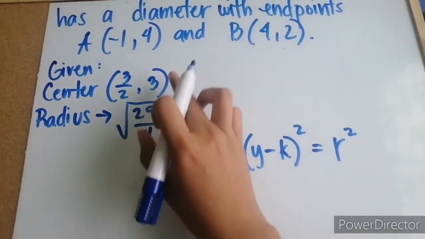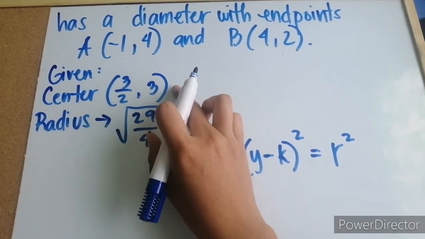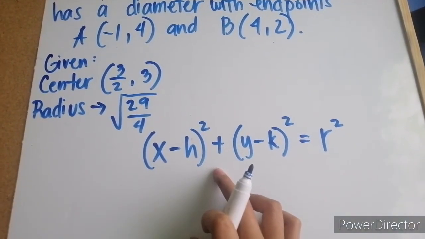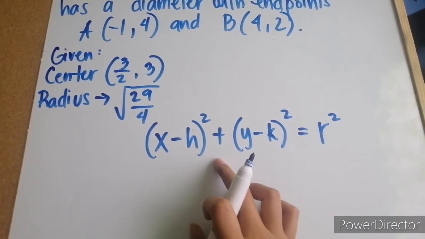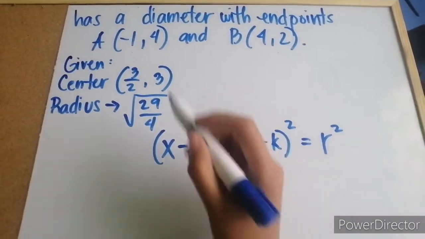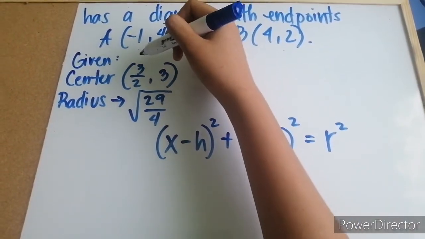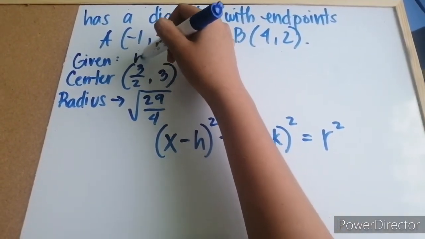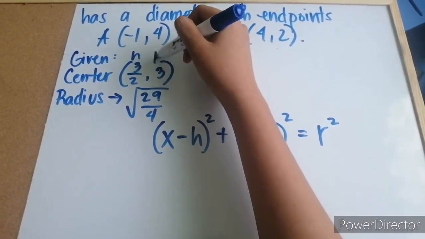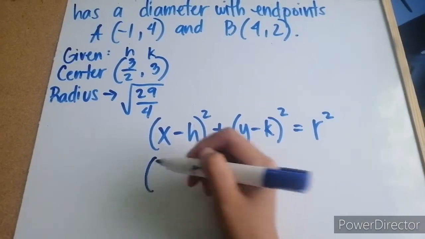Since our center is not located at the origin, we are going to use this equation. Let's start. At the center, our x-coordinate will serve as our h, and our y-coordinate will serve as our k. So let's try to input.